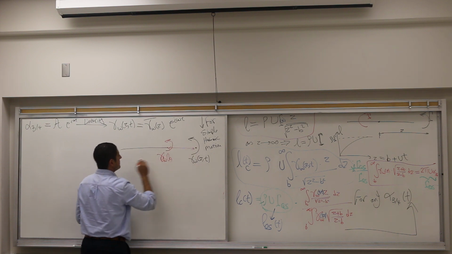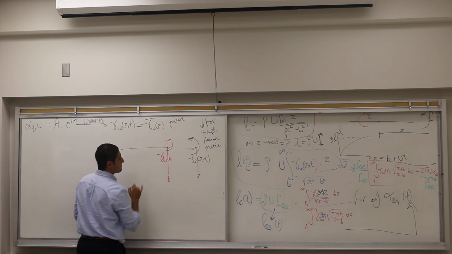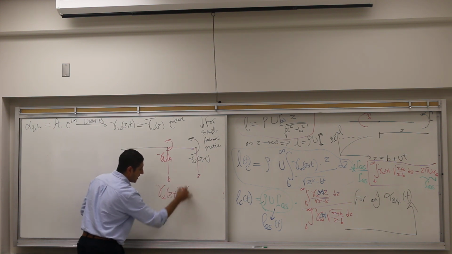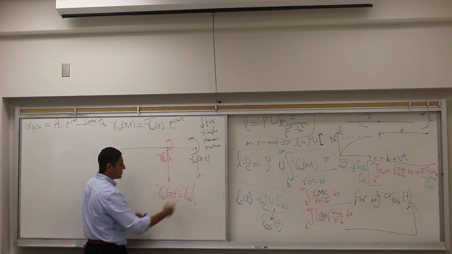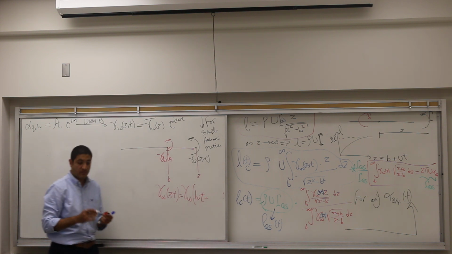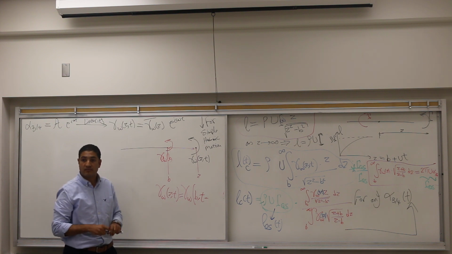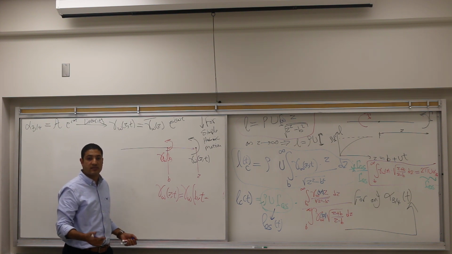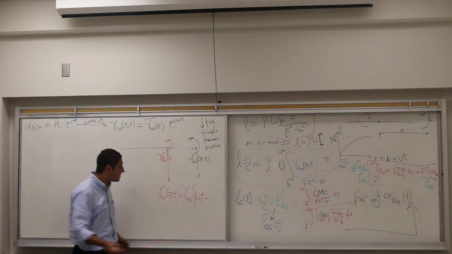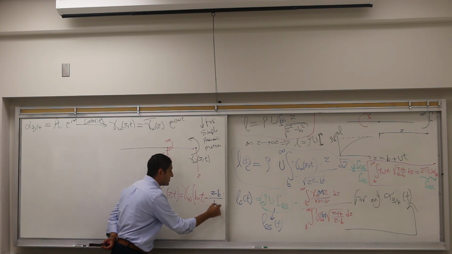If this is z and this is b, then gamma wave at z and t is gamma wave at some other location, say the trailing edge, and t minus the time taken to travel this distance. The time taken to travel this distance by uniform speed u is simply the distance divided by the speed. The distance is z minus b, divided by the speed u, correct?